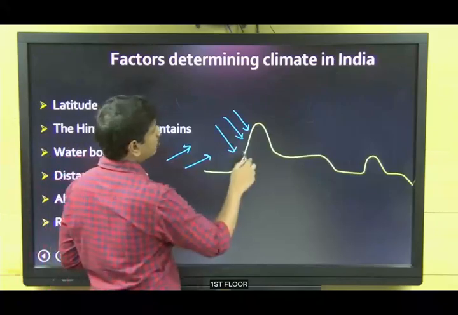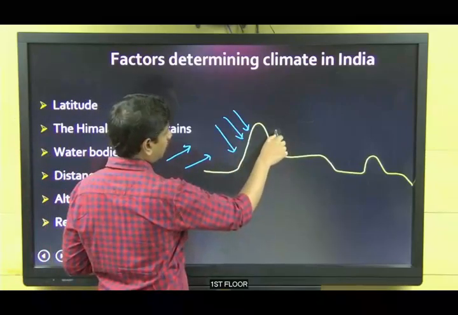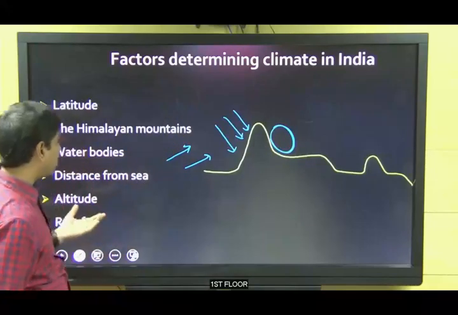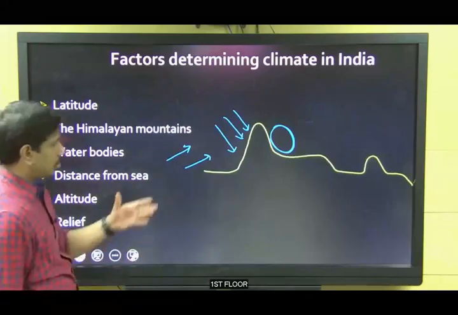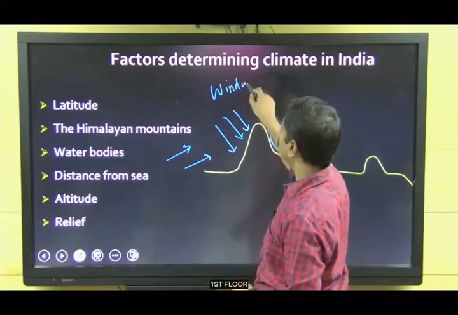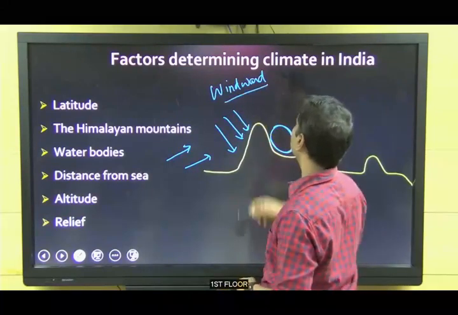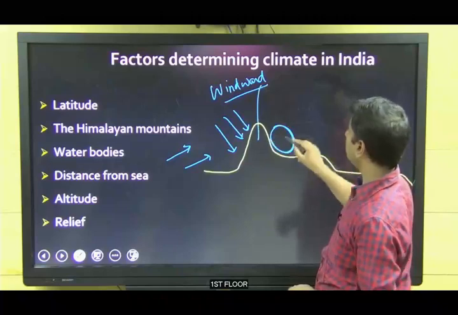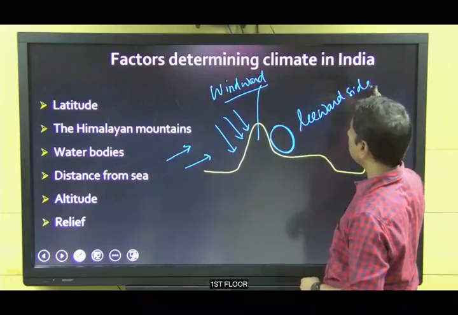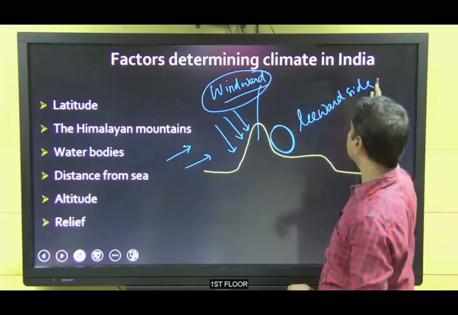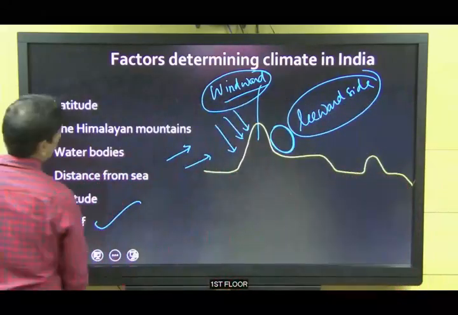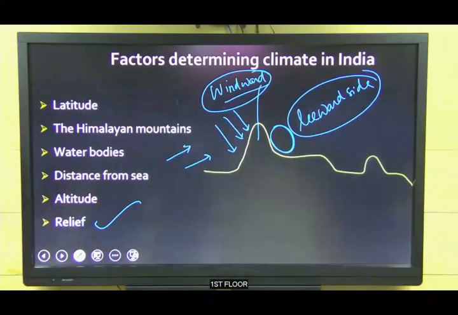To the Kerala coast it gives monsoon, but towards Tamil Nadu coast, here it becomes dry. Based upon which side of the mountain you are in, windward side or leeward side. This is windward side of a mountain, this is leeward side. This side you get more rainfall, this side dryness. That also determines the climate of a particular region, the relief.